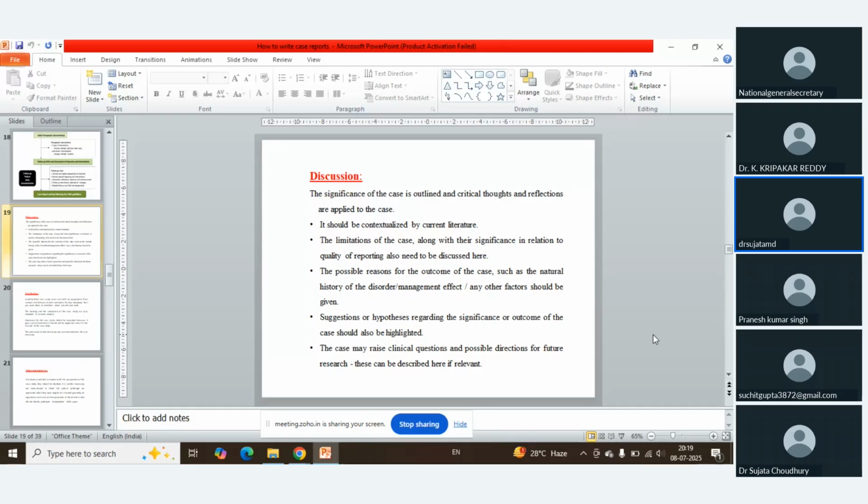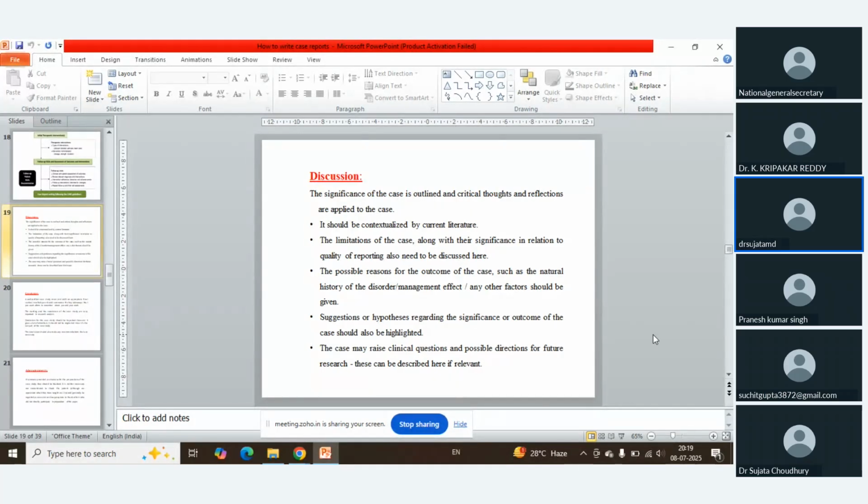The possible reason for the outcome of the case, such as the natural history of the disorder or management, or any other factor, should be given in this discussion portion. We can also mention suggestions or hypotheses that this case suggests or that may be explored further.